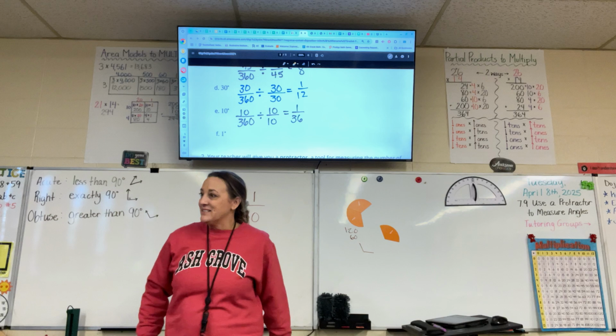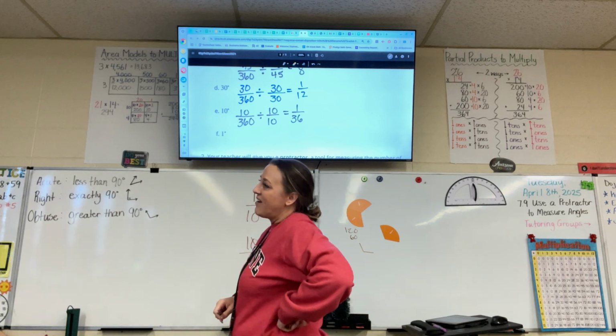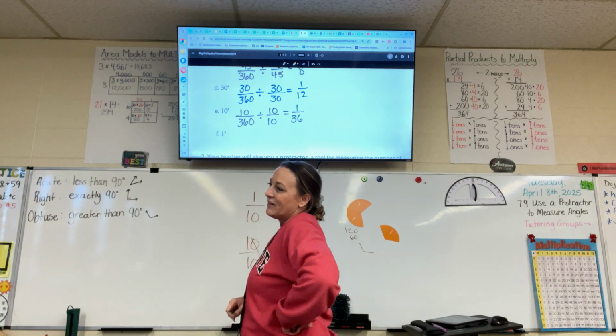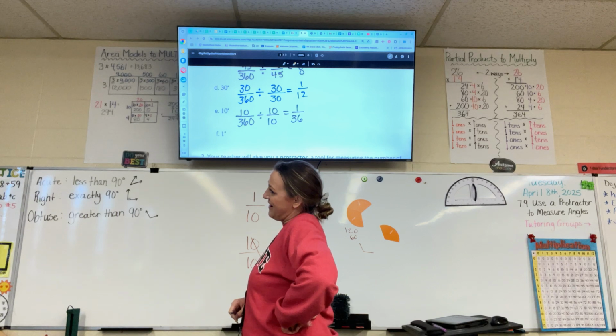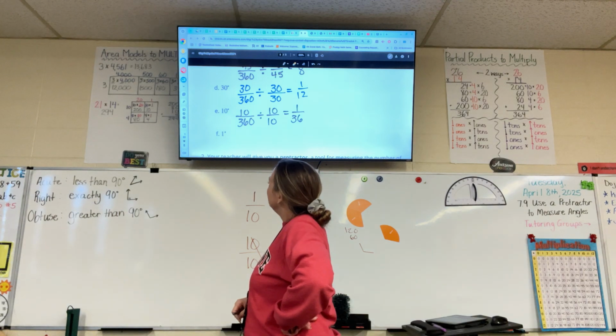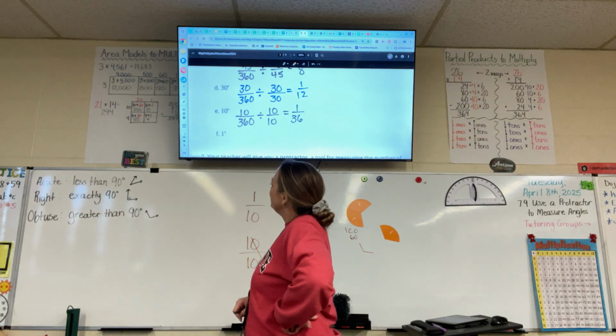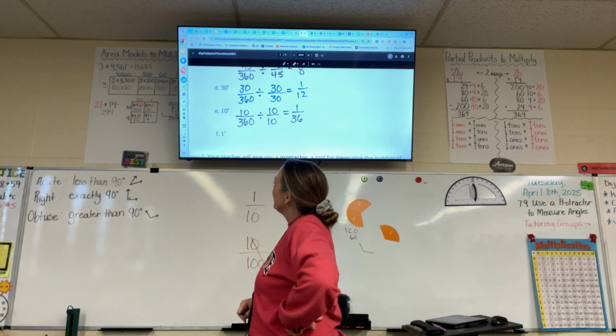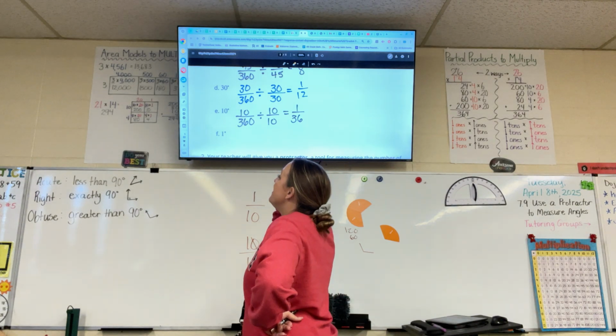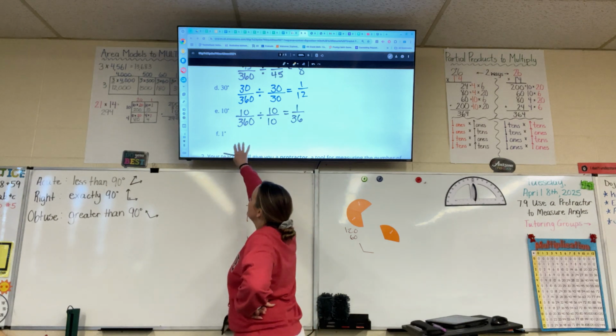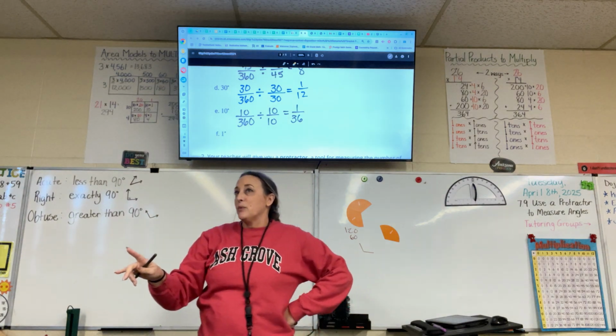On the 1-degree angle, you just multiply by 10. Wait, I mean, since 10 is 10 times bigger than 1, then the answer is going to be 10 times bigger, so it's 360. No, because remember this is a fraction. So think of it this way.